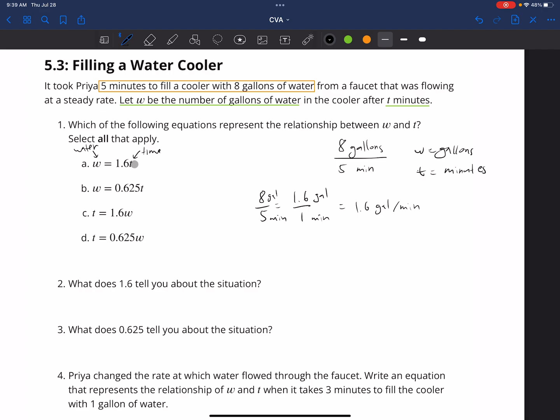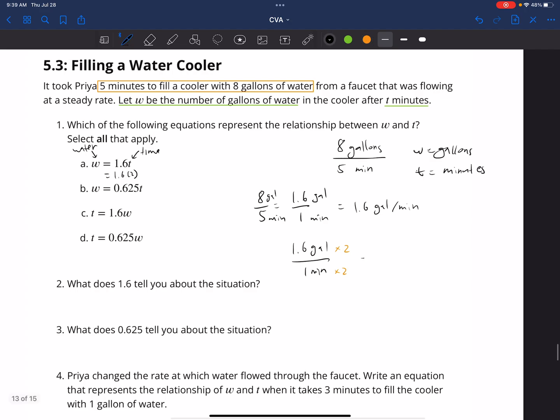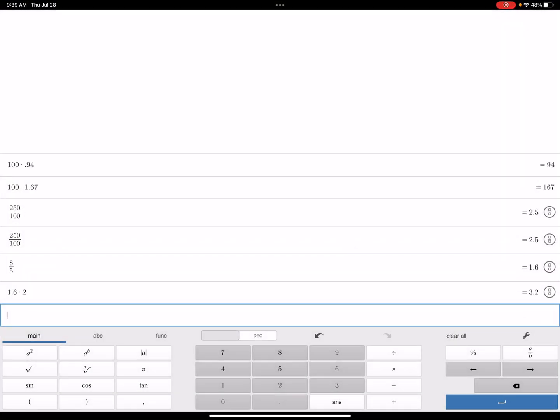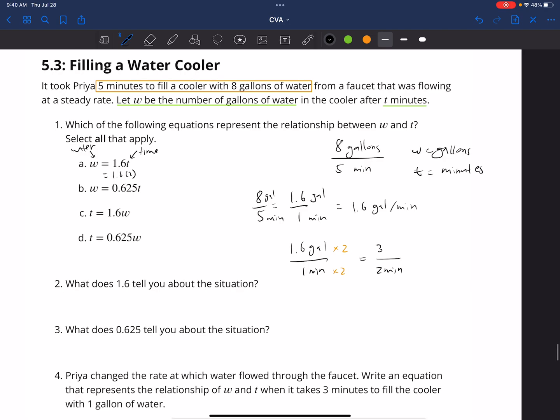If 2 minutes have passed, then 1.6 gallons per minute, times 2 minutes, 1.6 times 2 is 3.2. So in 2 minutes, 3.2 gallons would have been filled.